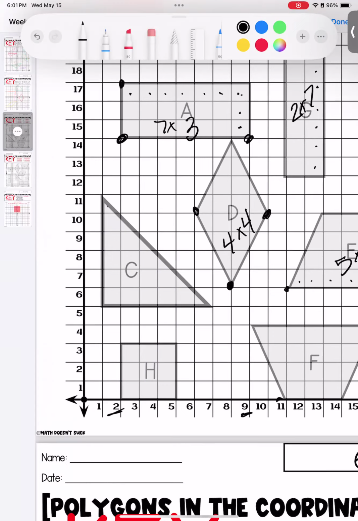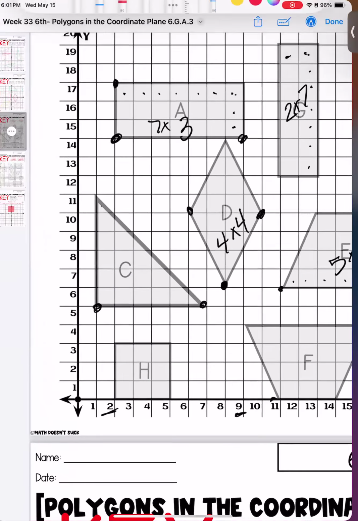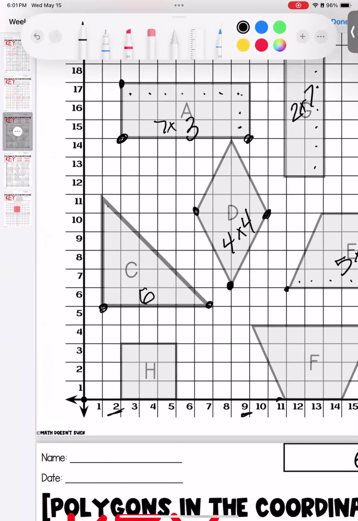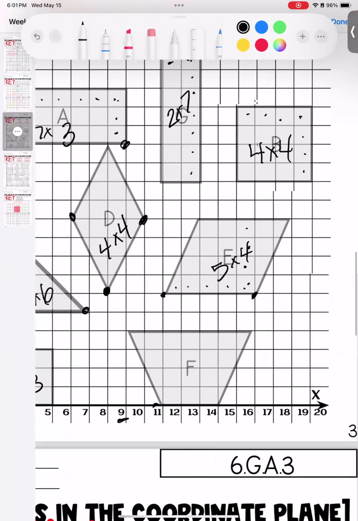Over here for my triangle, I'm going from 1 to 7. 7 minus 1 is 6. I'm going from 5 up to 11. 11 minus 5 is 6. So a base of 6 and a height of 6. This one is 3 by 3. And then our trapezoid.